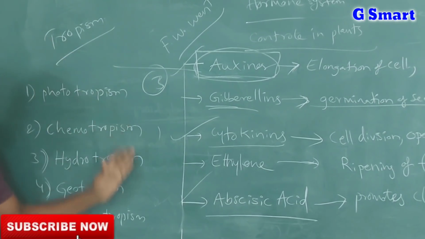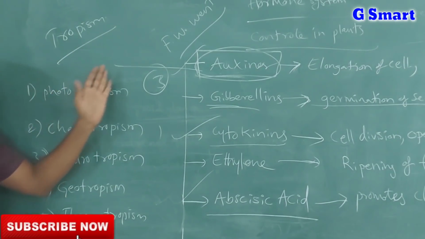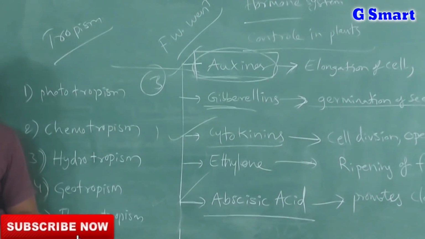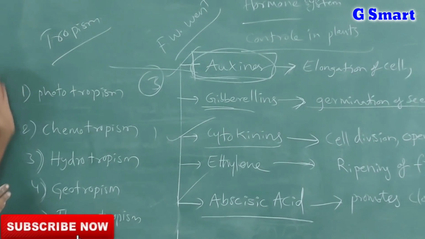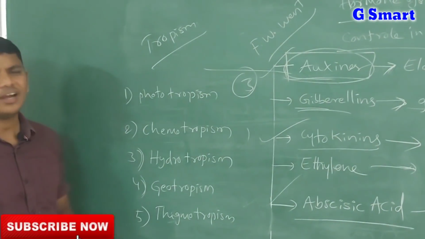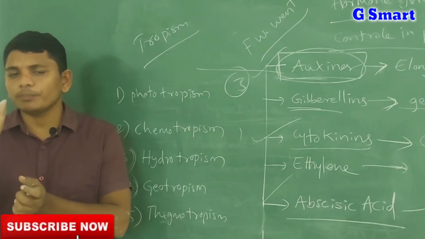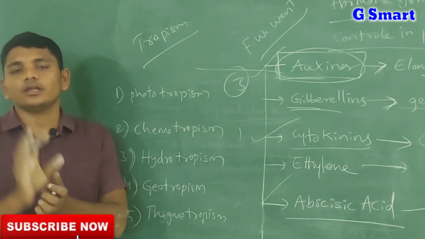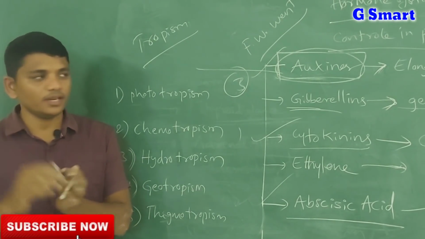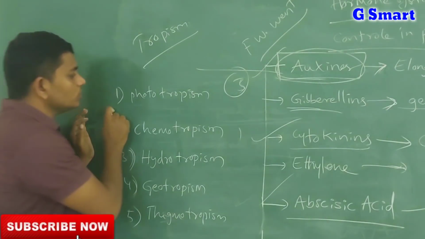Okay, all these tropisms happen due to auxins. Auxins are responsible for all these tropisms. Let us discuss what tropism is. Tropism is nothing but growth of the plant towards a particular stimulus, for example towards the light.